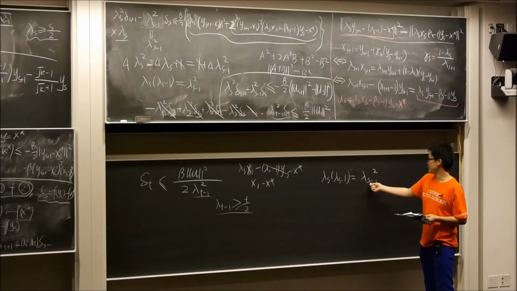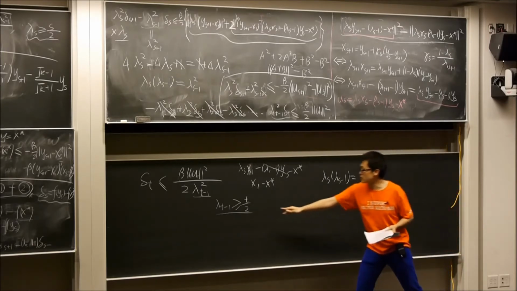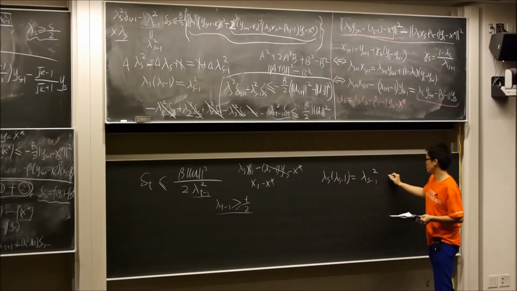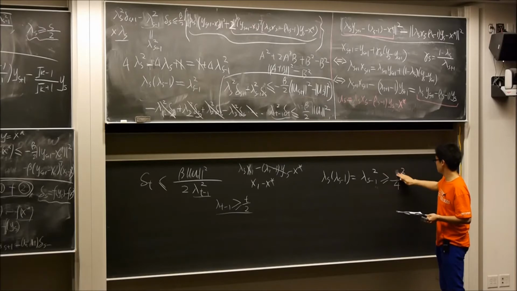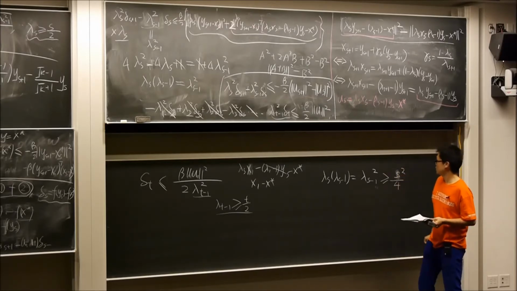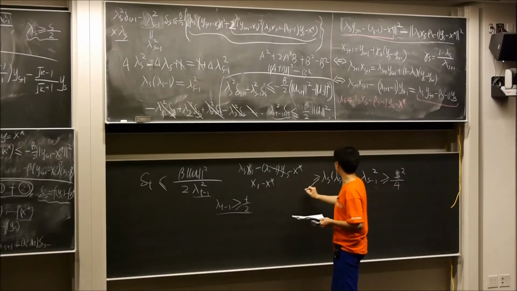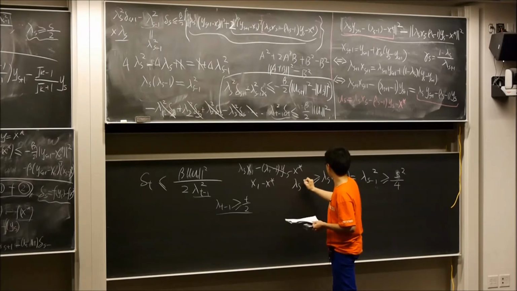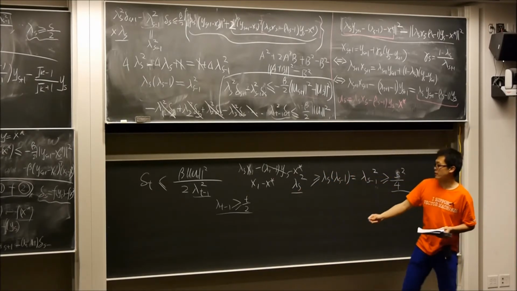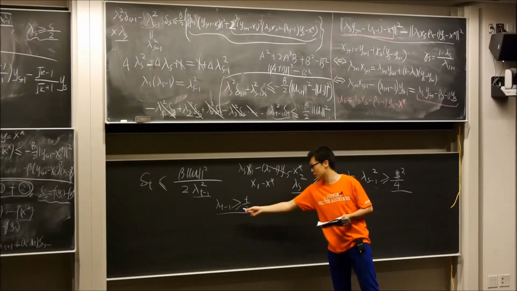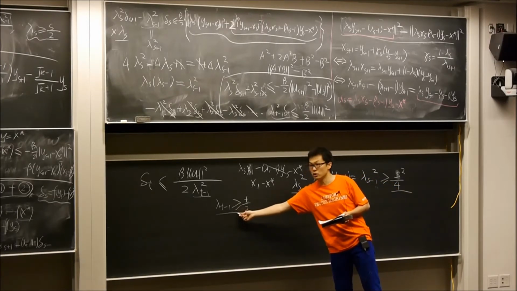Suppose for lambda s minus 1 this is satisfied, then we will have, and this is smaller than lambda s square. So these two terms give us exactly the inductive argument that this holds.